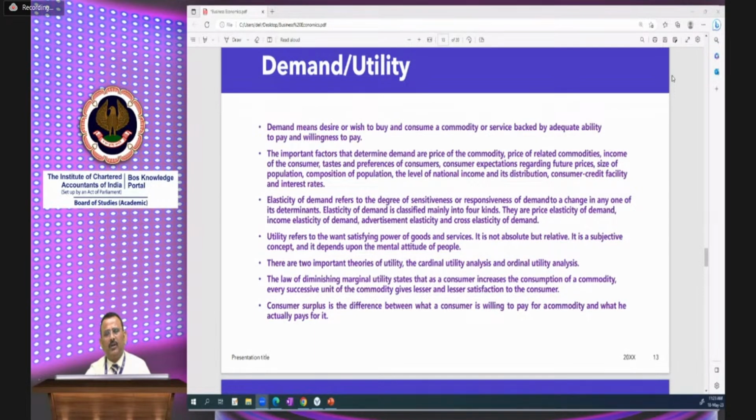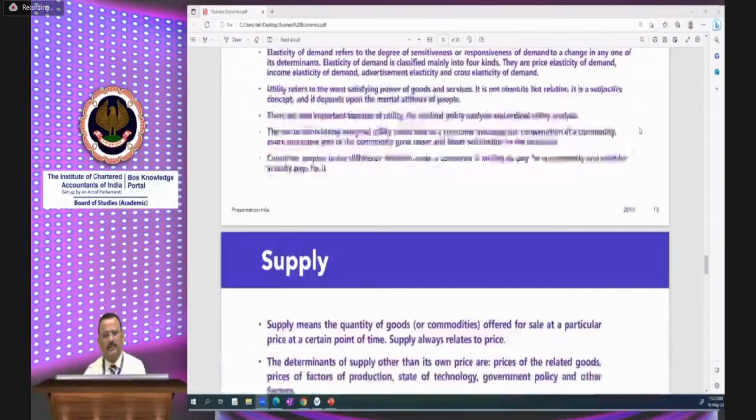Like cross elasticity, there is price and quantity of the other goods. What is the distinction between all these four elasticities, and the values of elasticity from 0 to infinity? What is the significance of this elasticity, and the shape of the elasticity is also important. So try to remember all these things which have been given in your study module.